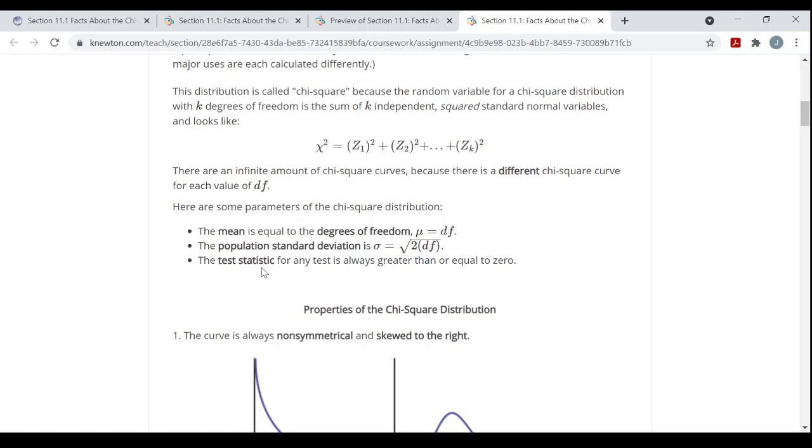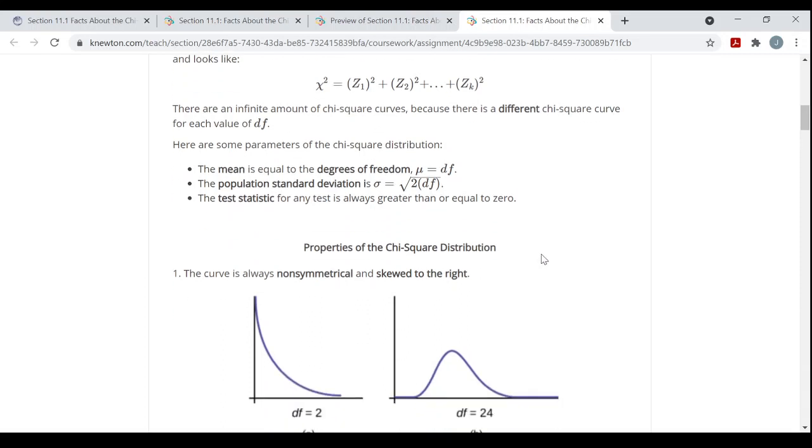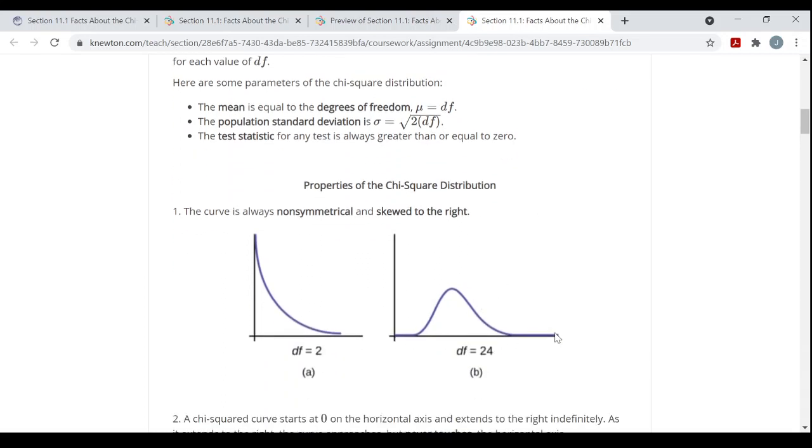The test statistic for any test is always greater than or equal to 0. Remember, it's chi-squared. It's the sum of a bunch of squares of standard normal variables. So when you look at the graph of a chi-square distribution on the number line, we're never going to look at negative values.